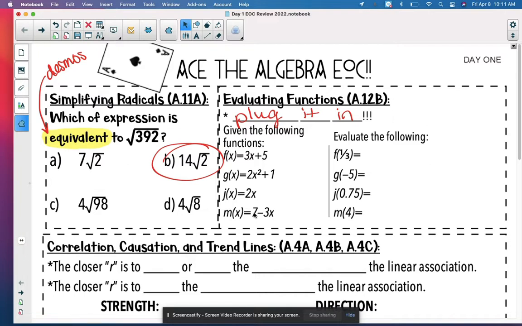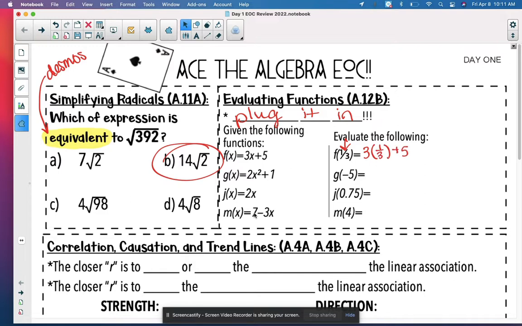There are two ways that we can do this. The easiest way is to replace the x with the number given. Whatever number is in parentheses is what I'm replacing it with. So we have 3 times 1/3 plus 5.